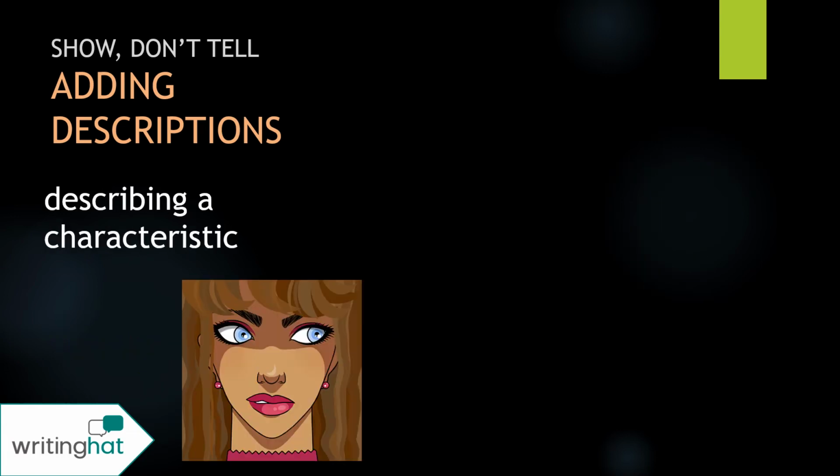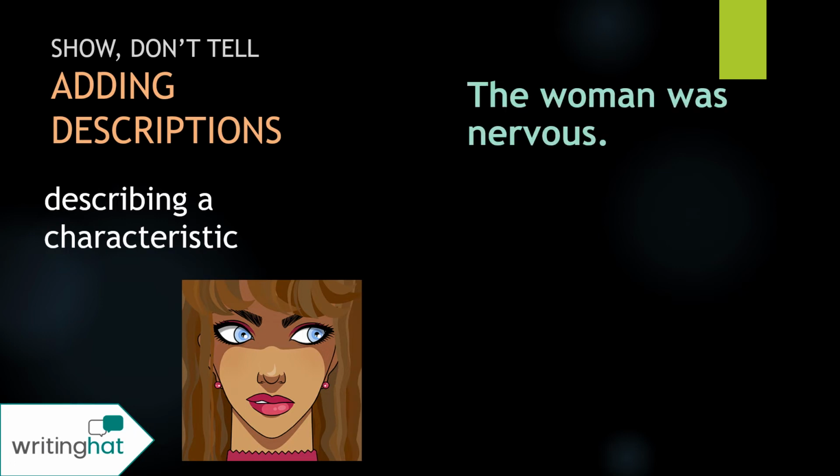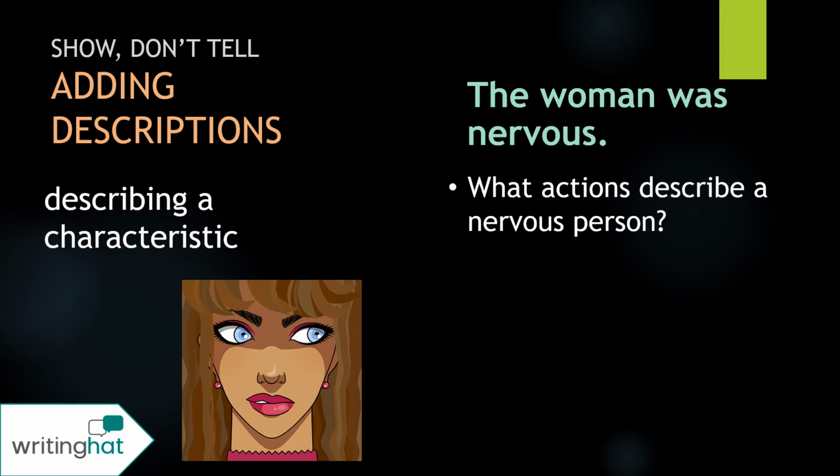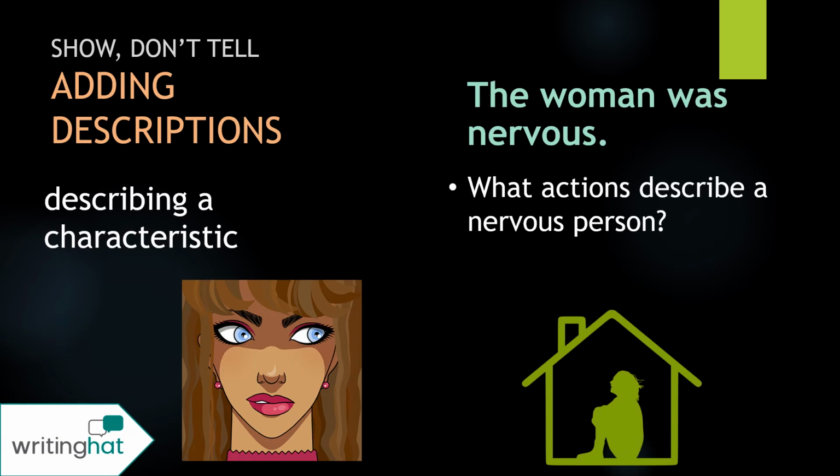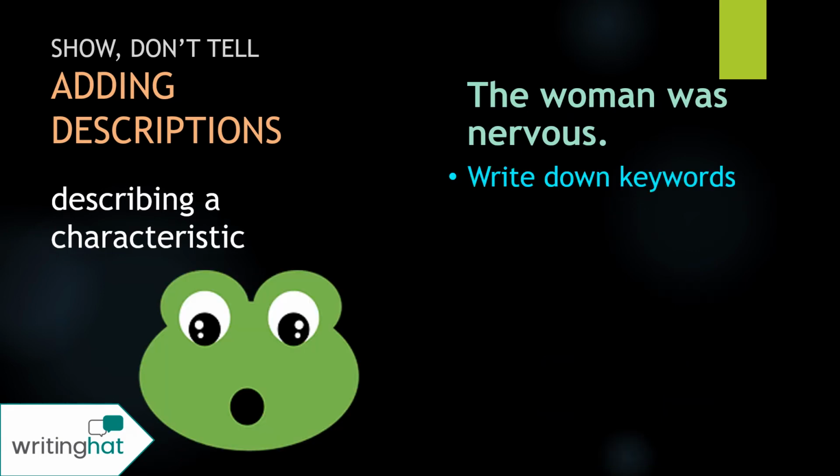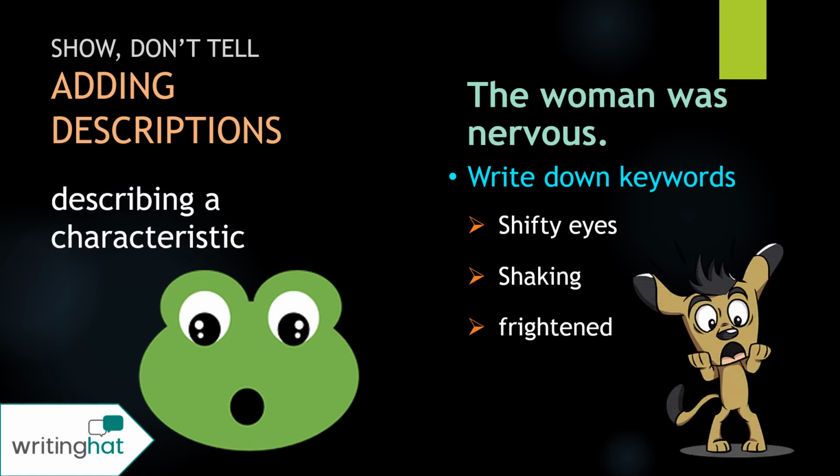Let's look at another example where we'll show you how to describe a characteristic or mood. The woman was nervous. Pick out a few details about this characteristic and show us that the woman is nervous. What actions describe the word nervous? Shifty eyes, shaking, perhaps a bit frightened.